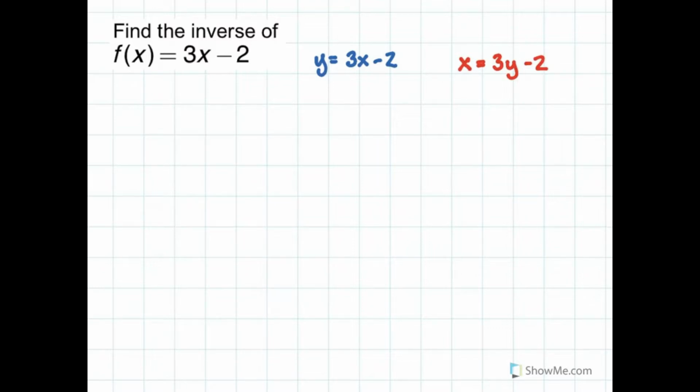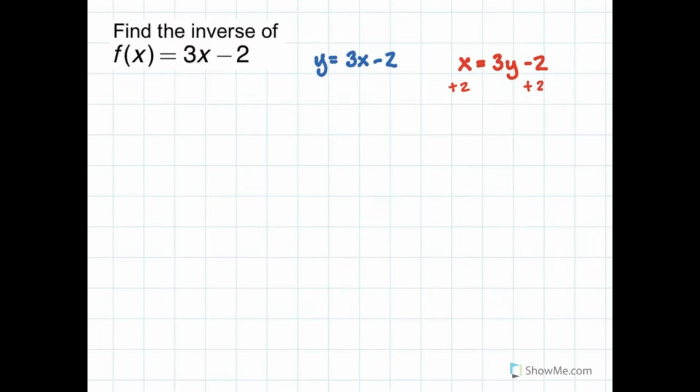So the blue is the original line and the red is the inverted line, but it's in the wrong form. It's not solved for y. So I'm going to solve for y. I'm going to add 2 to each side.